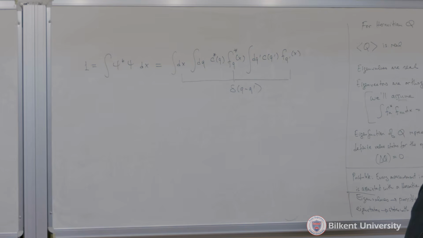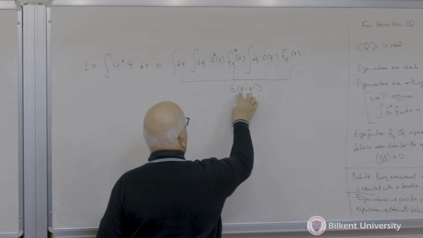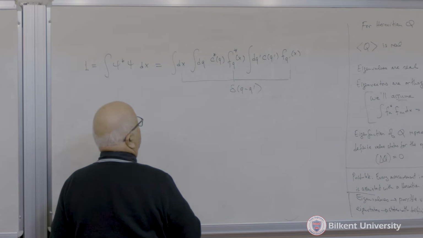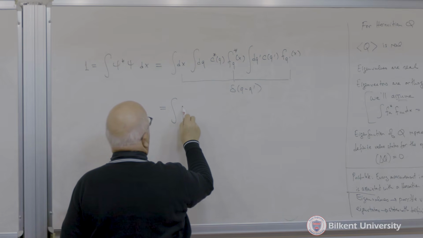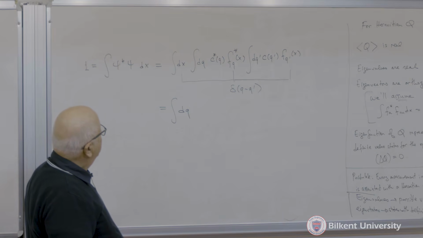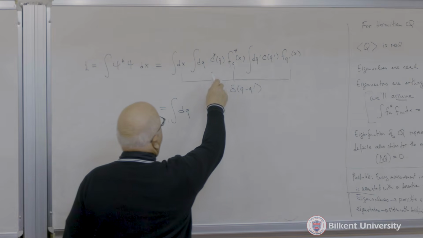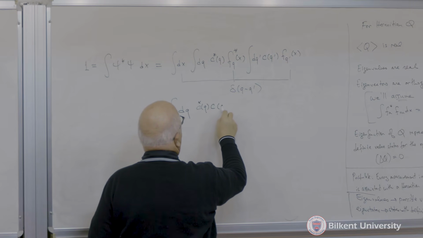And wherever I see a q prime, I'm going to write a q. Okay? So what is remaining? I have evaluated the x integral and obtained the delta function. I'm not going to write the q prime integral, so the only integral that remains is the dq integral. And I just have c star of q, c of q.